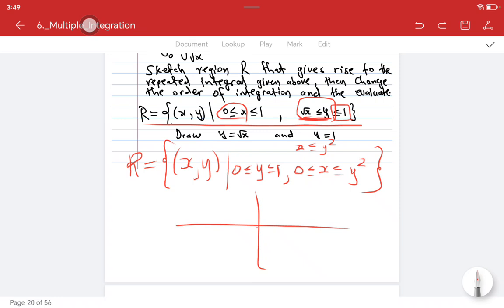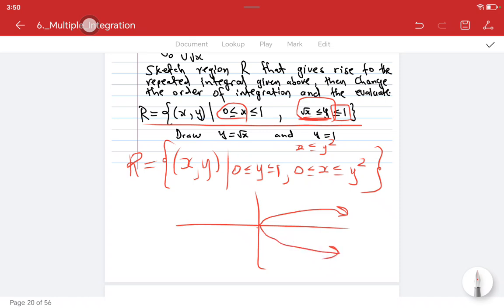So since I'm drawing for this one, x starts from 0, up until I'll end it at 5. So when we check this, when x is 0, y is 0. When x is 1, y is 1. When x is 2, y is 1.4. So you see that x grows bigger than y. When x is 3, y is 1.something. When x is 4, y is 2. You see, so x grows bigger than y. So it means that this graph is going to go like this.